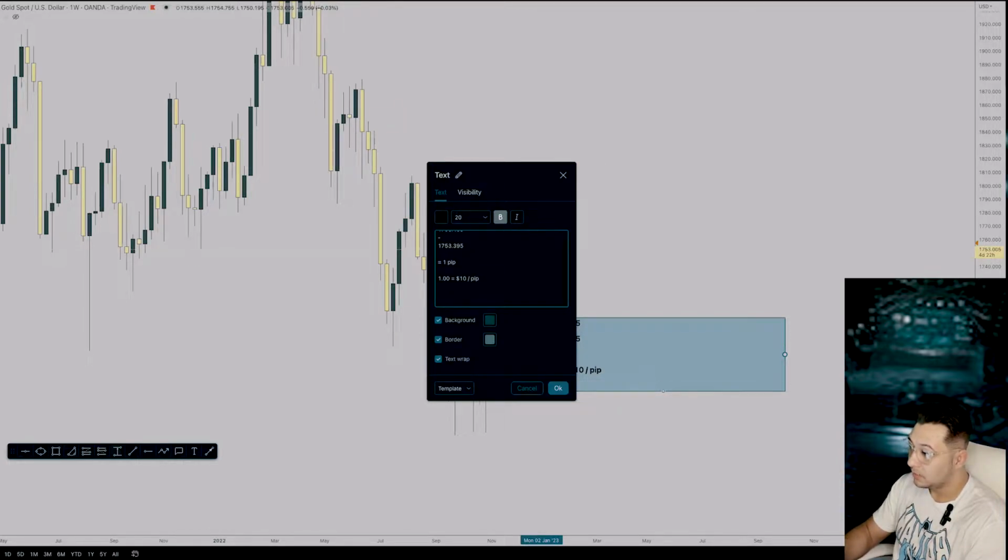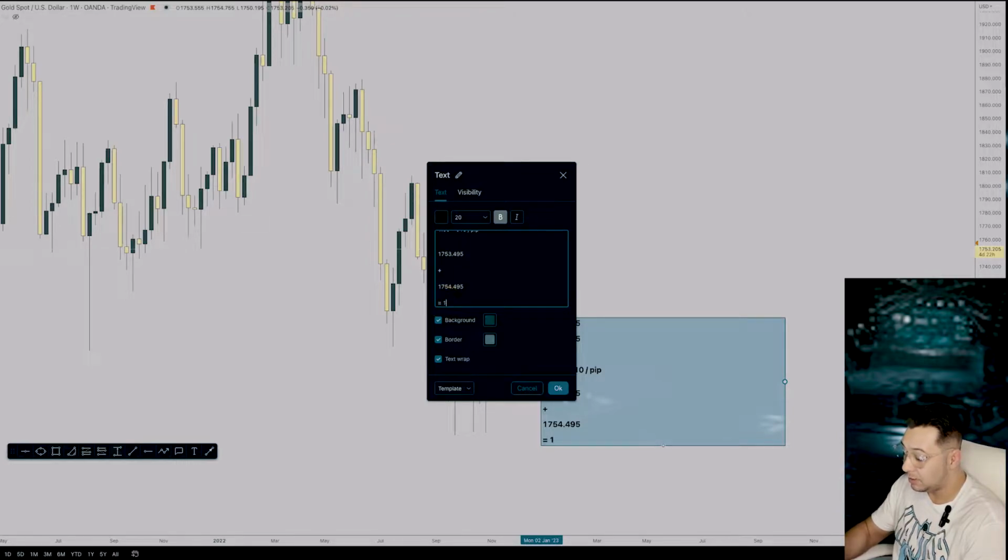So now, moving on. If gold went from 1753.495 and it went up to 1754.495, that's a dollar movement. Same exact last numbers, just a dollar change, okay?